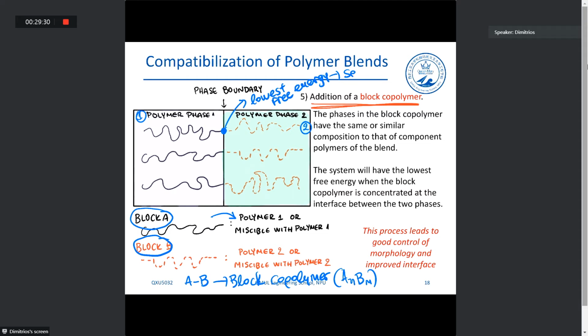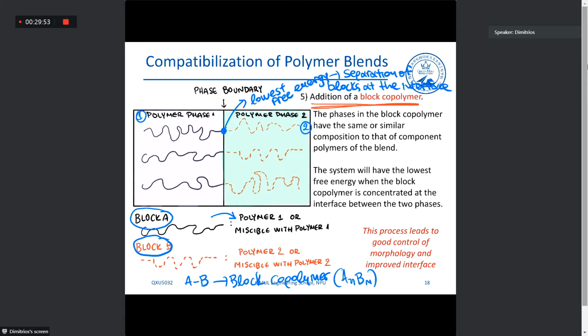So we have a separation of blocks at the interface. What we need is the block polymer to be concentrated at the interface between phases.